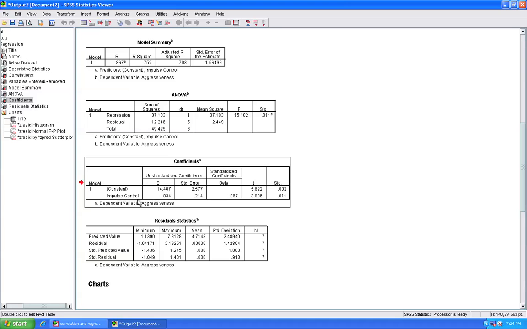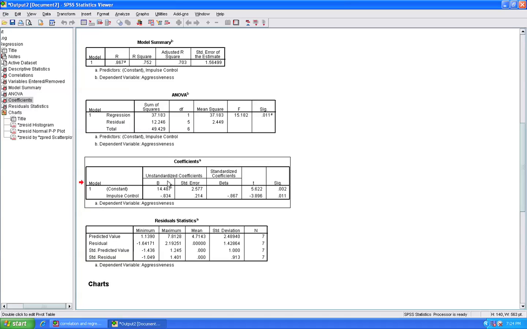The impulse control row under the B column gives me the slope of the regression line, and the row labeled constant, where the B coefficient is 14.487, gives me the intercept.